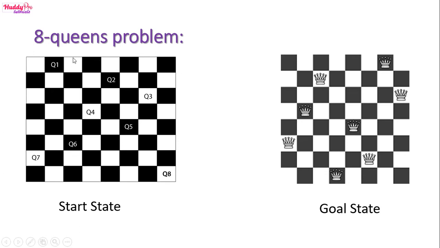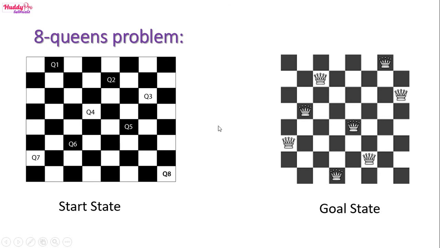When I move it in a row or in a column, for queen 1, in its column there isn't any other queen, and in its row too, but diagonally it will attack another one. So that means this start state has some issues.